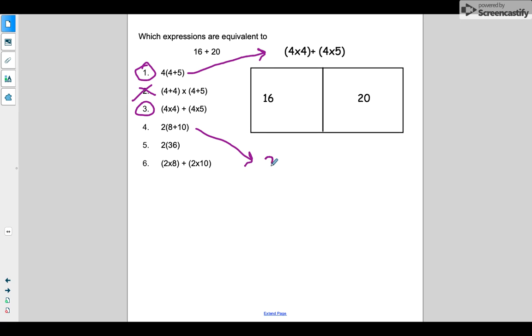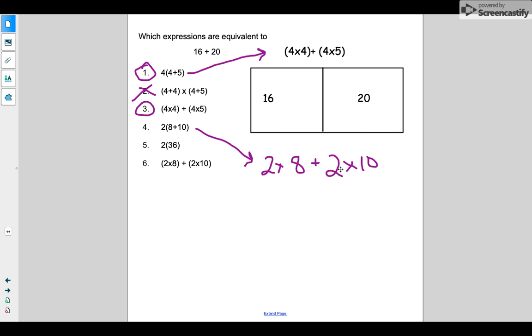So I'm going to try 2 times 8 plus 2 times 10. And sure enough, if I think about it, in that first box, 2 times 8 would give me 16.